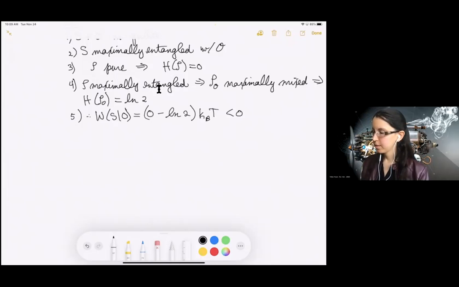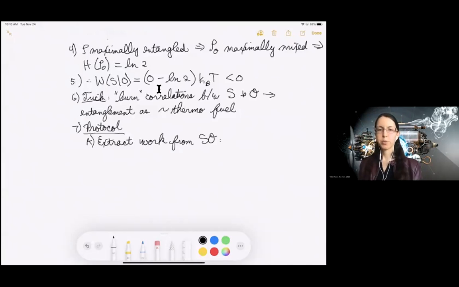We can achieve this result using the following protocol. We can extract work from the joint system SO. Since SO is maximally entangled, there is a measurement we can perform on SO such that there are 4 possible outcomes, and we can exactly predict which outcome we'll obtain.